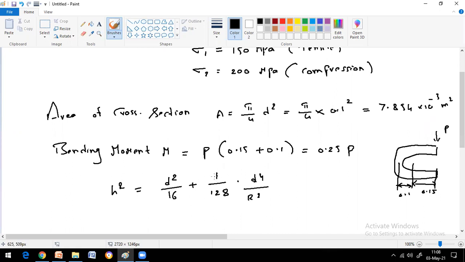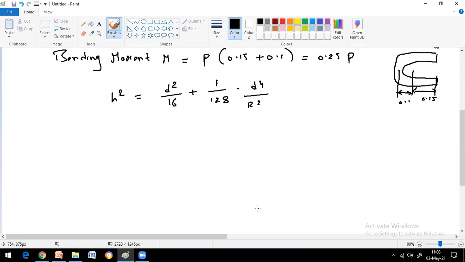For the circular section, what is the h square formula we wrote? Which is d square by 16 plus 1 by 128 into d power 4 by r square. Avuna? Right. Now substituting the values which we have here, substitute all the values in the above equation.